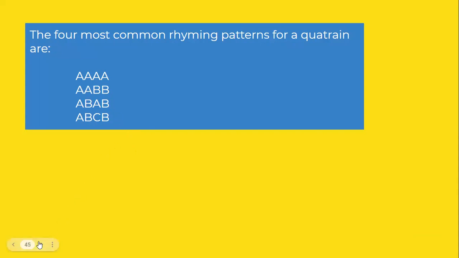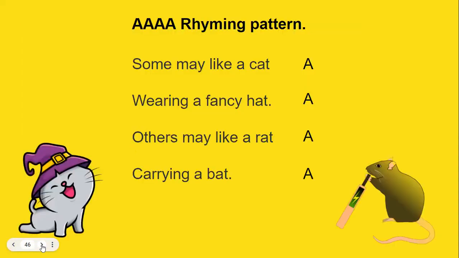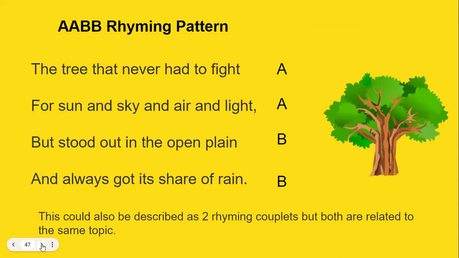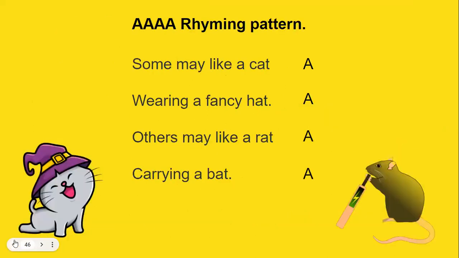So let's have a look at some examples. Here's the A rhyming pattern. Some may like a cat wearing a fancy hat. Others may like a rat carrying a bat. Let's go back to that one again. Let's look at the syllables. Some may like a cat. That's 5. Wearing a fancy hat.